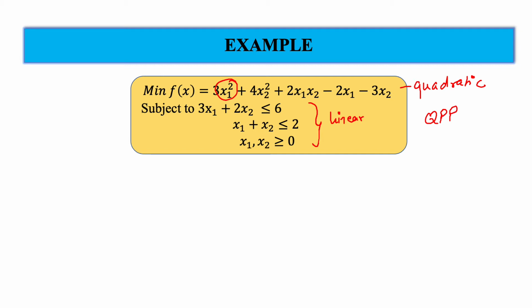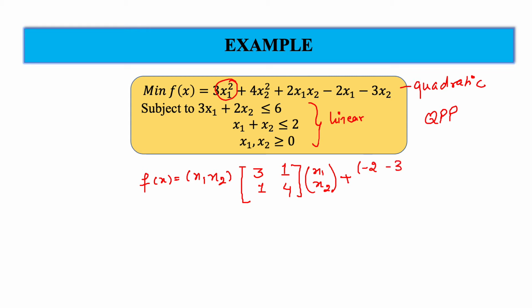Now the objective f(x) can be written as [x1 x2] times the matrix [3 1; 1 4] times [x1; x2], plus [-2 -3] times [x1; x2].